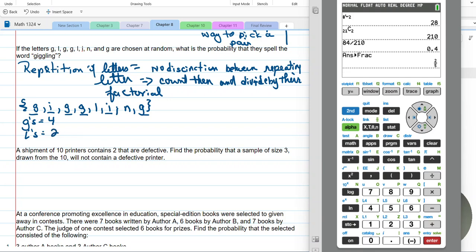And the L is only 1, and the N is only 1. So these are the repetitions. All right. So what do we want with this giggling? If the letters giggling are chosen at random, what is the probability? So we want the probability that they spell out the word giggling.